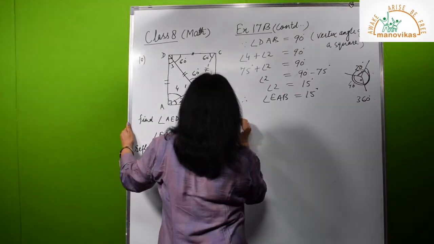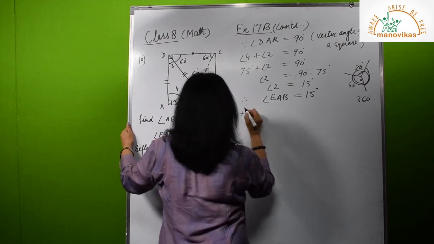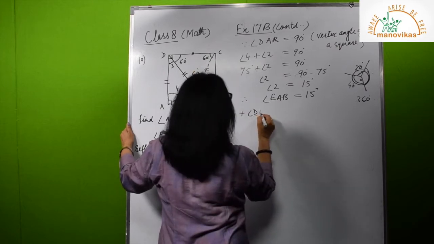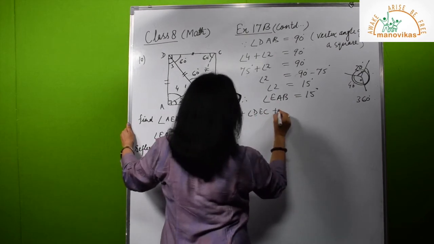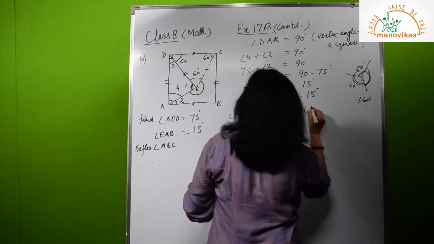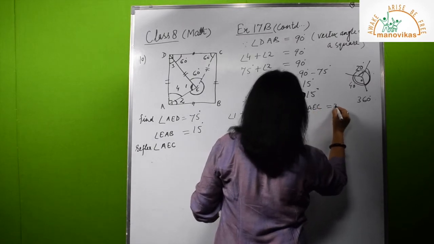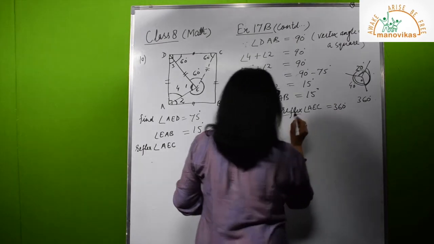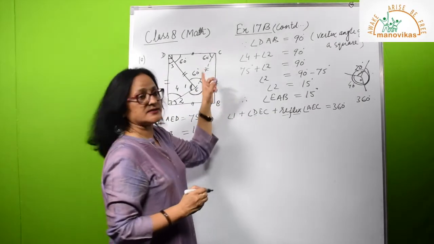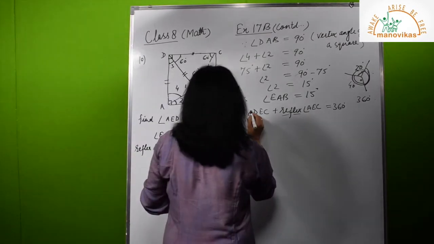Let's take this angle 1 plus, instead of 60 degrees, for your reference I am taking that particular angle DEC, plus reflex angle AEC, and this is equal to 360 degrees. You have to mention this reflex angle, and this is mandatory because this is a reflex angle. Don't just write angle AEC, because angle AEC means this angle. So reflex is a must to write.